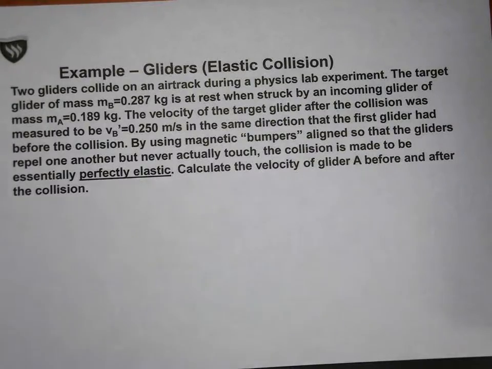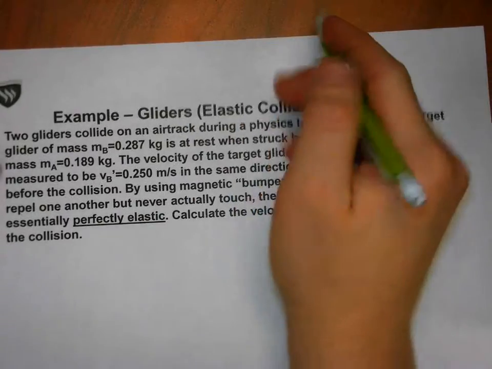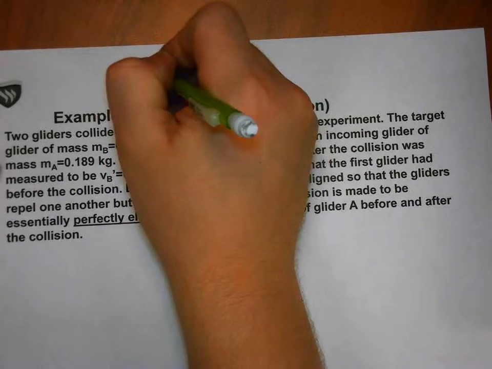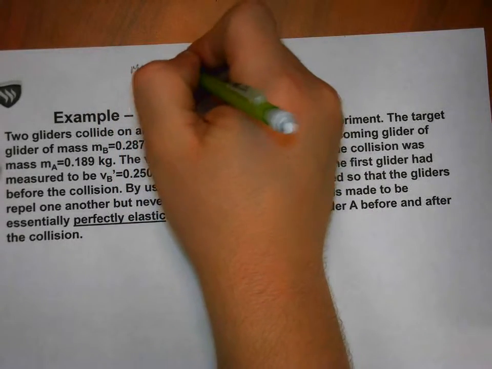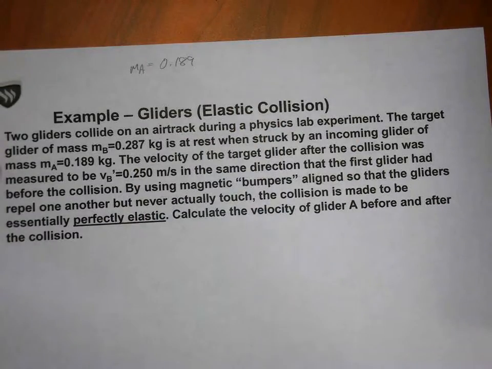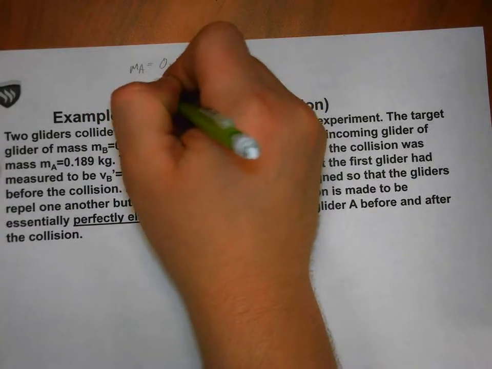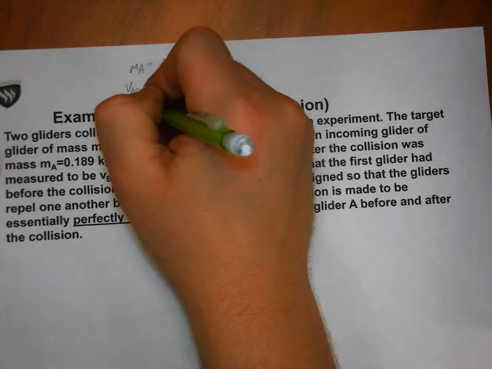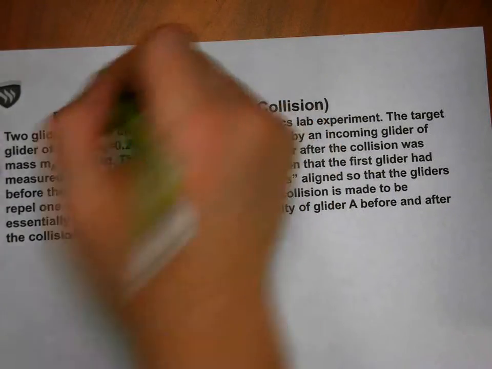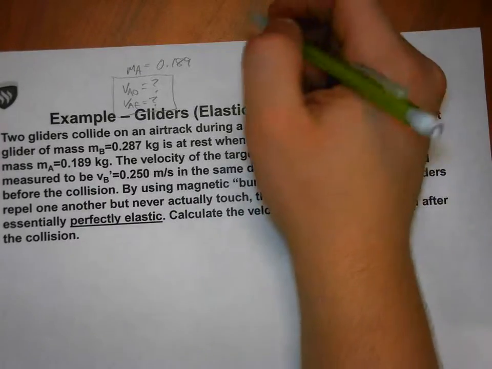Oh boy. Okay, so let's write down stuff we know. MA equals 0.189. And we have VA before, we don't know that, and we have VA final, and we don't know that either, but we want to find them.